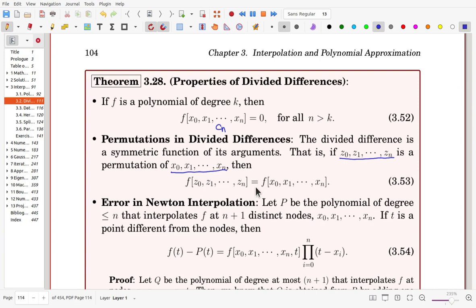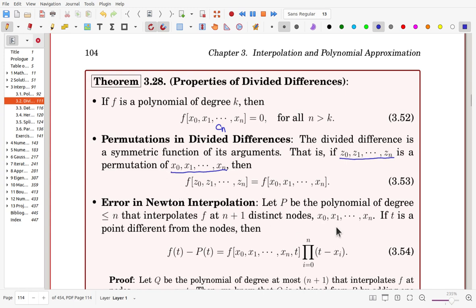That can be a question. But fortunately, they are the same. Even though you permute the points, if you are using all the points, the corresponding divided difference must be the same.